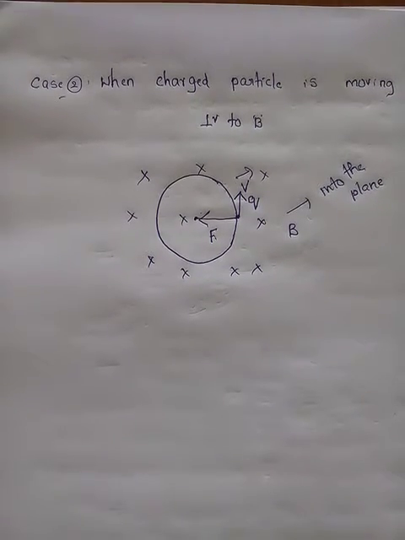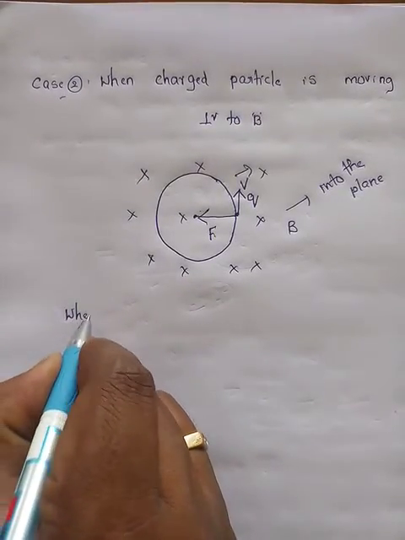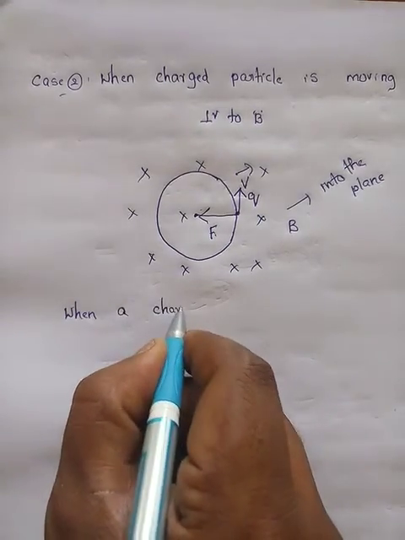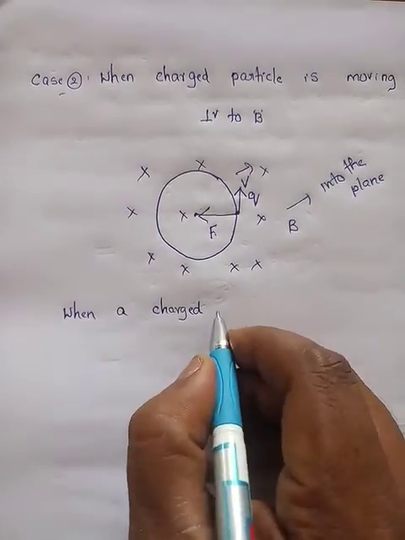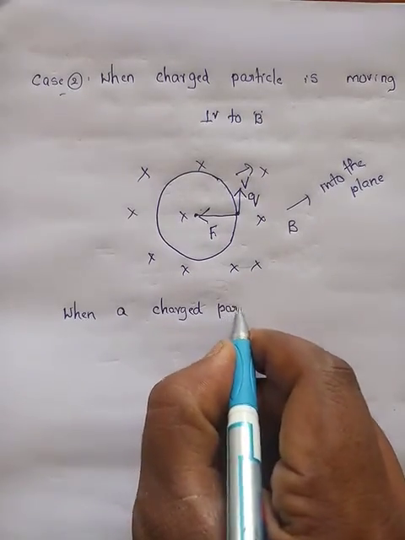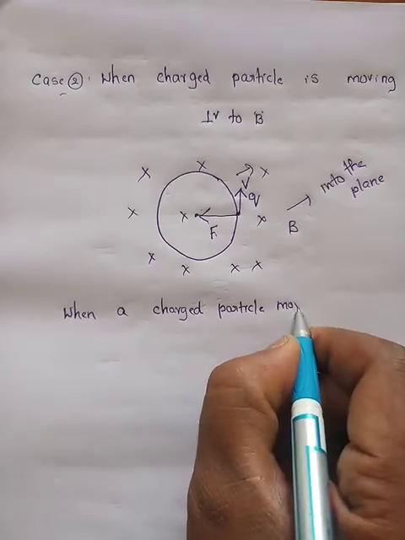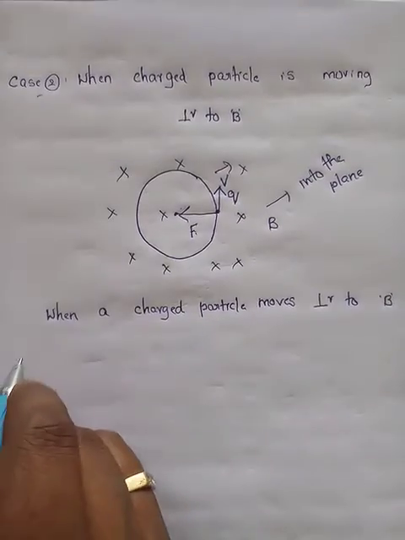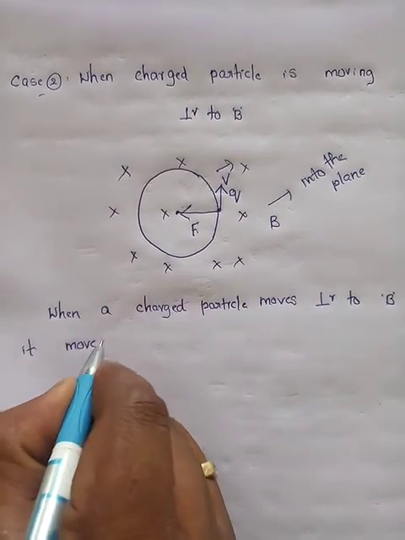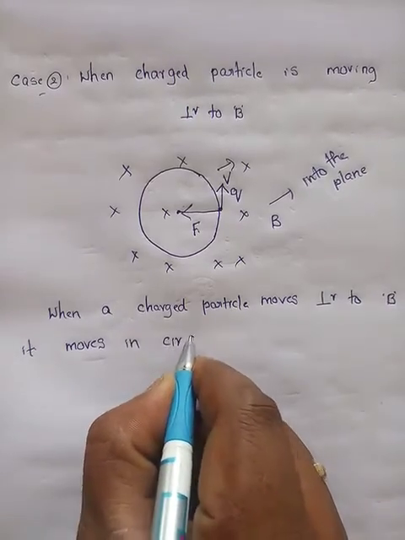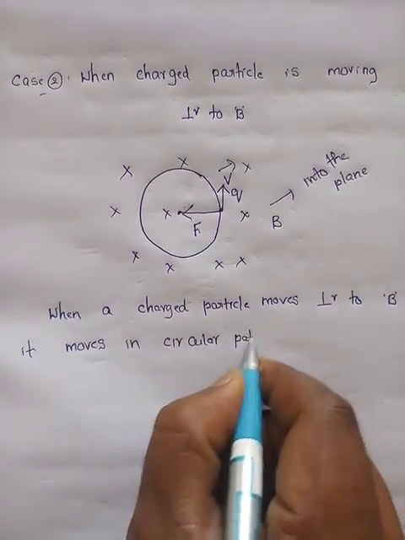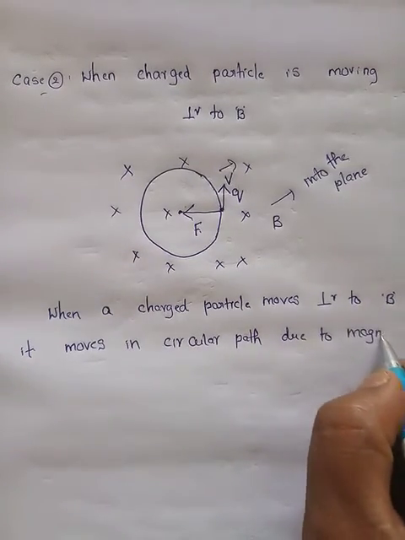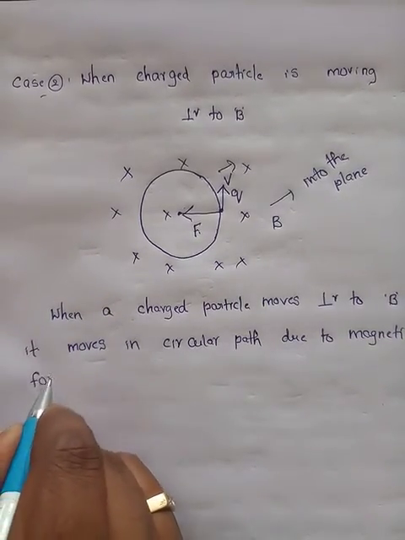So we can say that when a charged particle moves perpendicular to the magnetic field, it moves in a circular path due to the magnetic force.